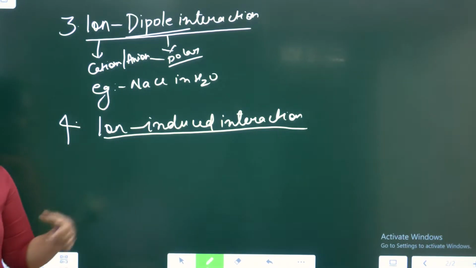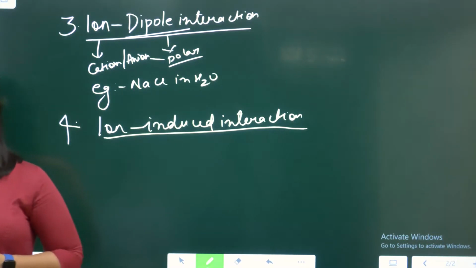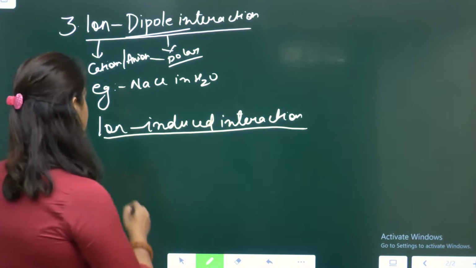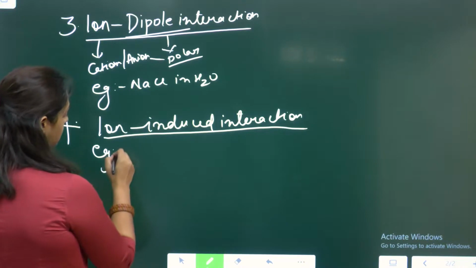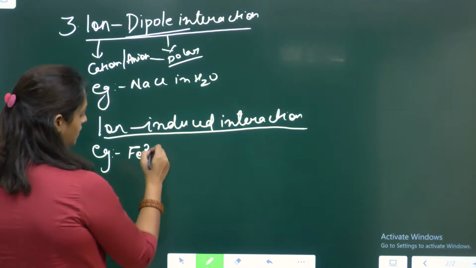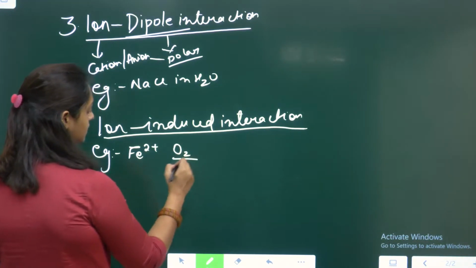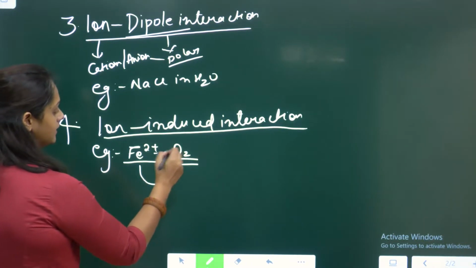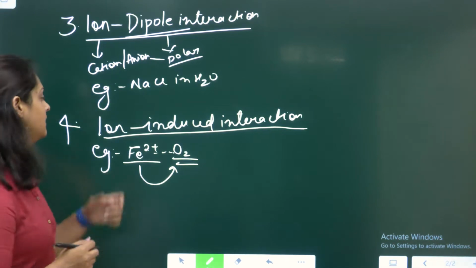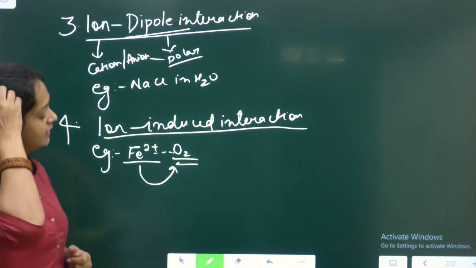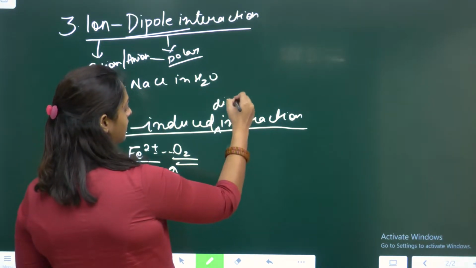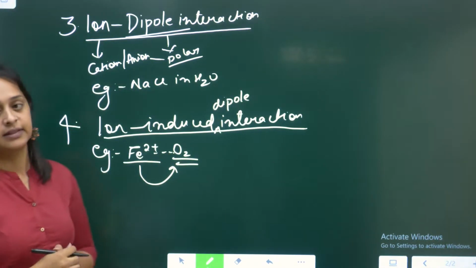What happens in this? An ion is inducing a dipole in the non-polar molecule. The example could be iron with oxygen. Oxygen is non-polar in nature. Iron is inducing a dipole, and the interaction between these two results in ion induced dipole interaction. Clear?